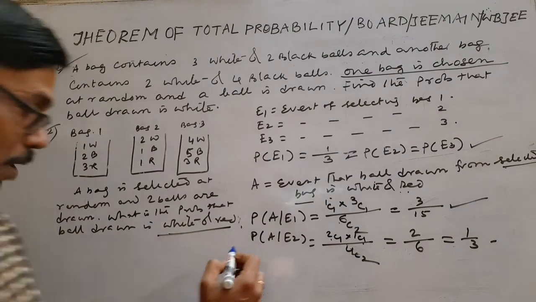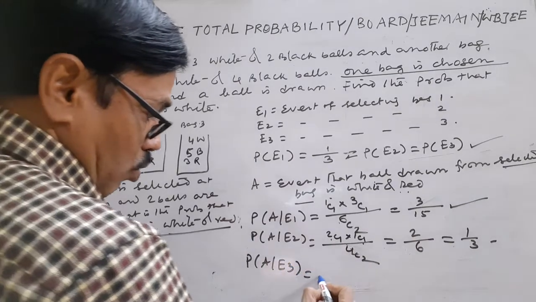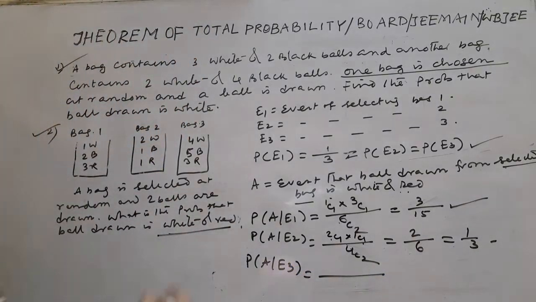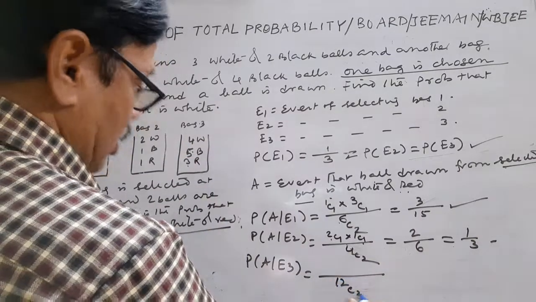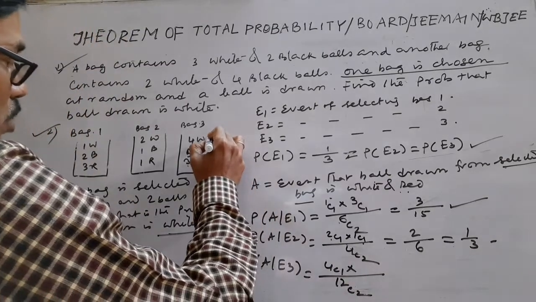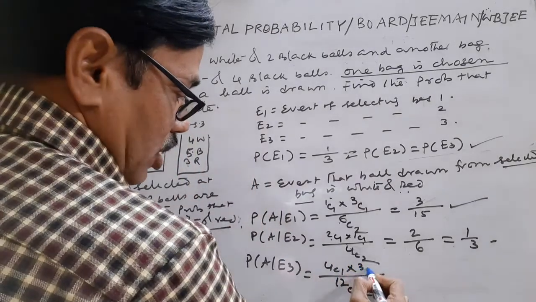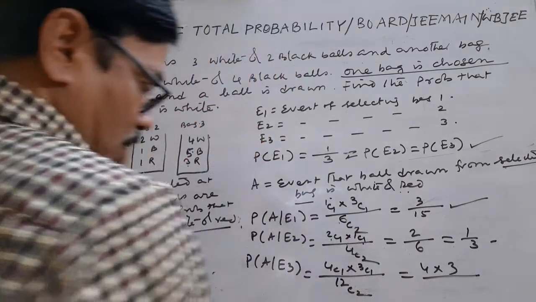Now PA by E3, probability of 1 white and 1 red from bag 3. So 9, 3, 12. This is 12C2, 4C1. Out of 4 white, you can take 1, and this is 3C1. So 4 into 3, 12. 12C2.